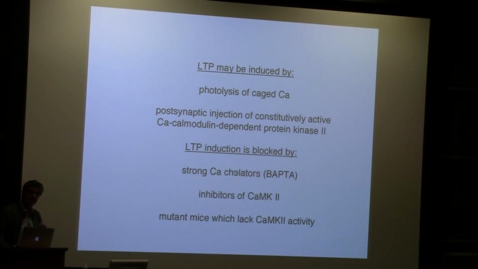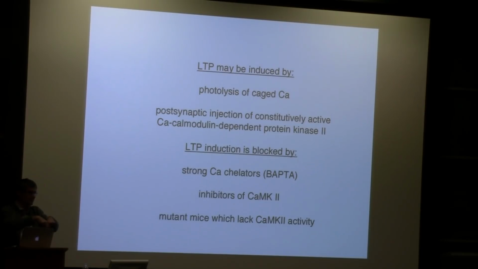So basically what you need is to activate the NMDA receptors, and the NMDA receptors by themselves don't do anything. They just let calcium go in, and that calcium going inside the cell is the important thing. How can you show that? Because if you block the increase of calcium, you can put in there a calcium chelator.